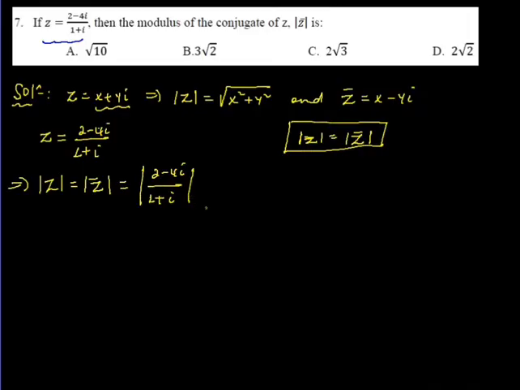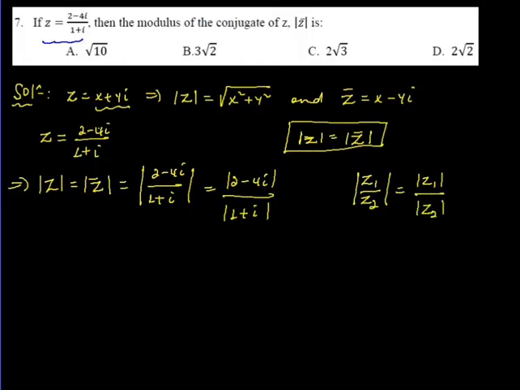So from the properties of modulus, you can take separately the modulus of 2 minus 4i over the modulus of 1 plus i. You need to know for any two complex numbers z1 and z2, where z2 is non-zero, the modulus of z1 over z2 is the same as the modulus of z1 over the modulus of z2.